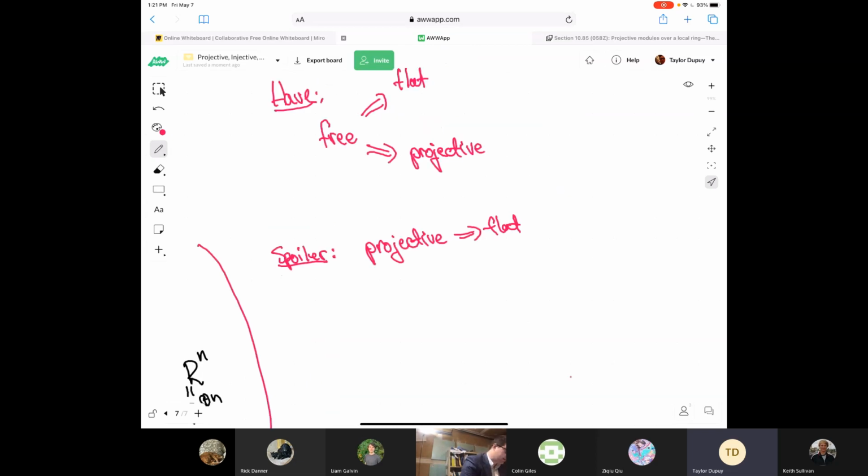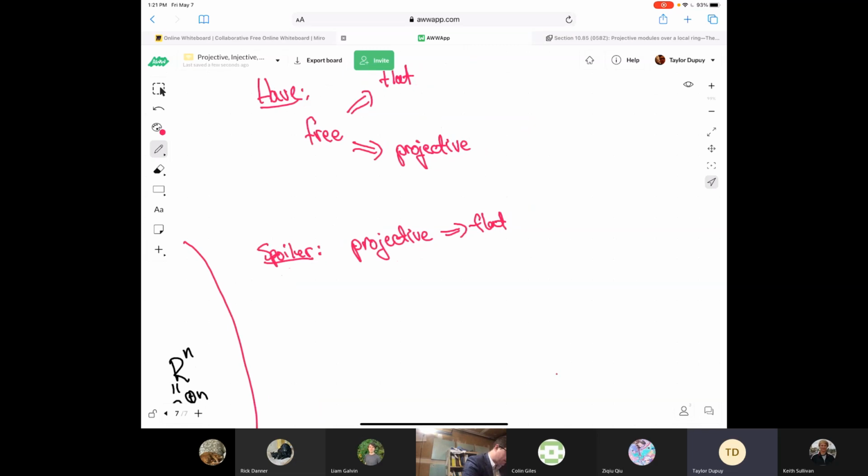And it turns out that over a local ring, there's kind of a big theorem.